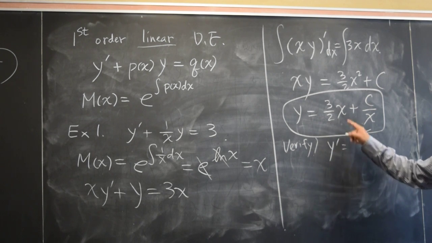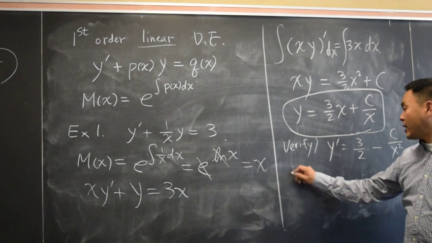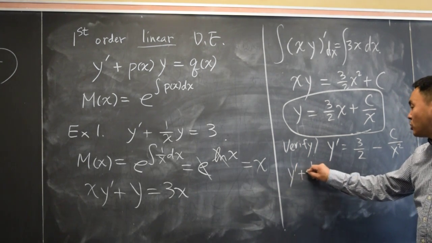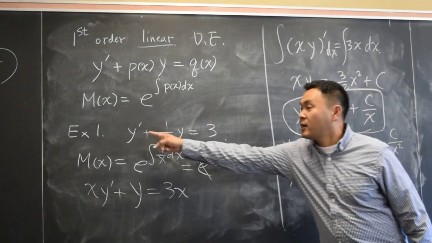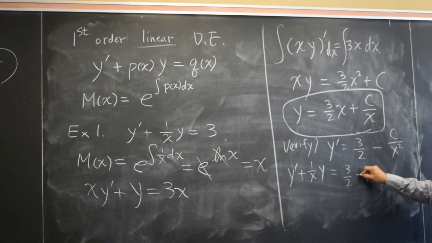What's y prime? That's 3 over 2, and 1 over x differentiates to negative 1 over x squared, right? That's y prime. So if I had y prime plus 1 over x times y, then y prime is 3 over 2 minus c over x squared.